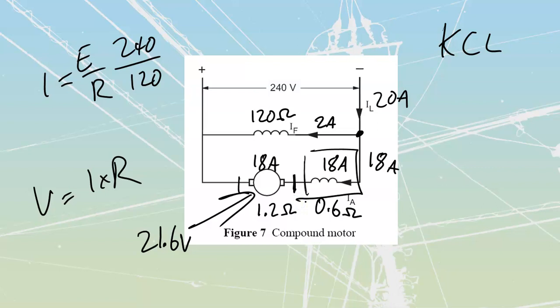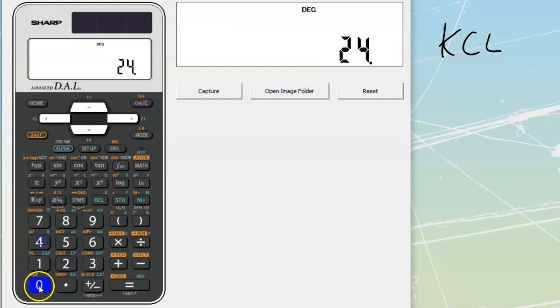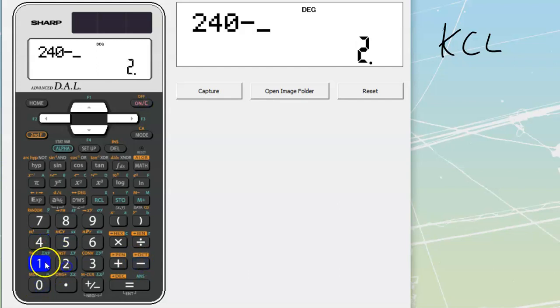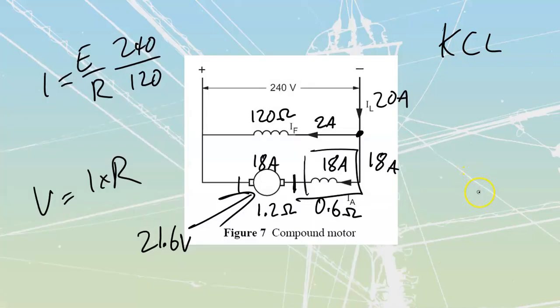So we can figure out that value: 240 minus 21.6 gets me to a value of 218.4 that we are going to have over here.